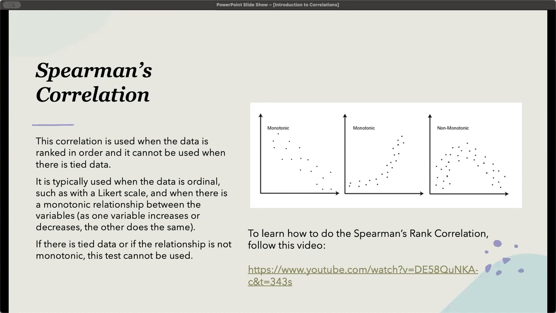So here you can see a movement in the first two images. In the first one it's going down, the second one it's going up. If it's non-monotonic, it's going in this U shape. So if you get data such as in the third image, you cannot use Spearman's correlation. If you have tied data, you cannot use Spearman's correlation.